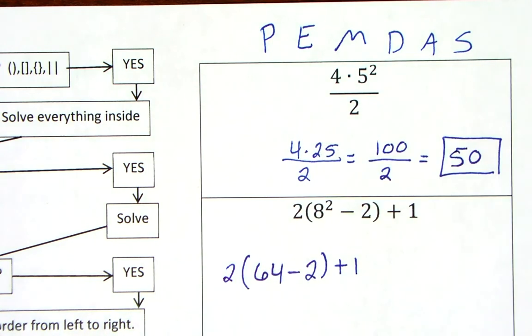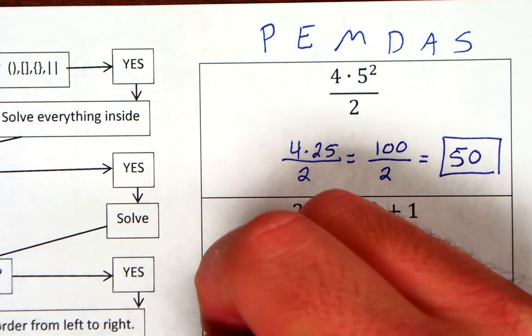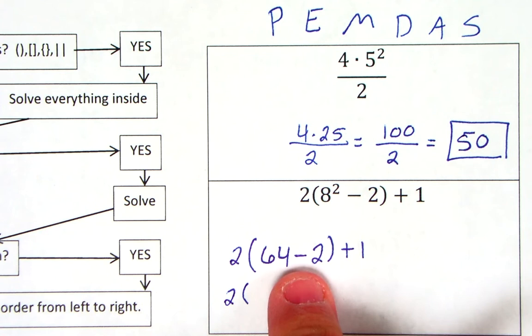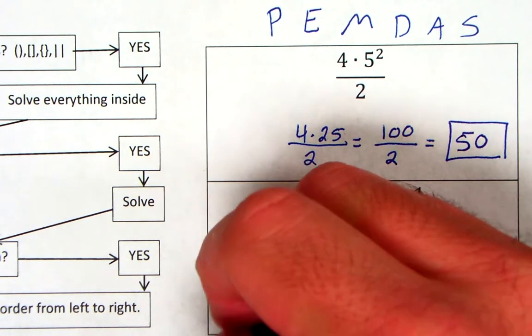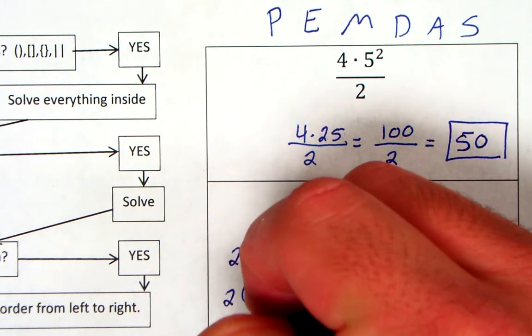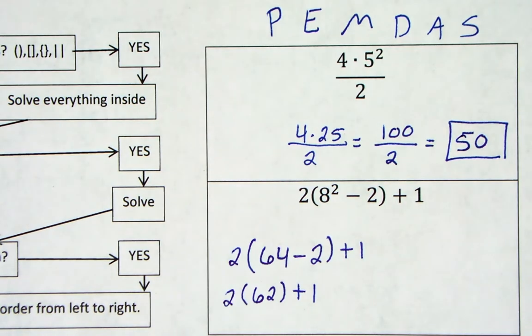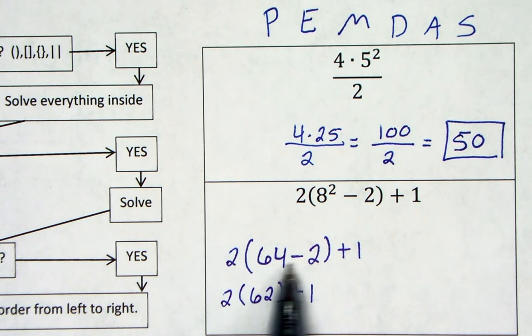Do you still have parentheses? Well, yeah, I still have parentheses. I got to get rid of them. So do the math now inside the parentheses. What's 64 minus 2? Well, that's 62. Now we're going to say, Mr. Noland, you still got parentheses. I do still have parentheses, but I've already done all the math work. Now look at this number on the outside.